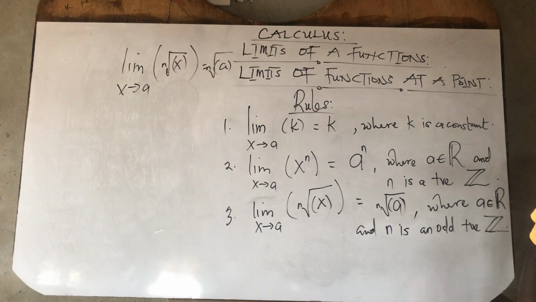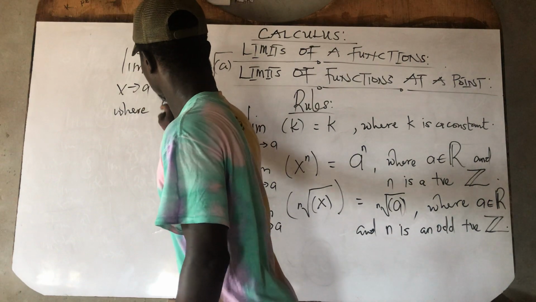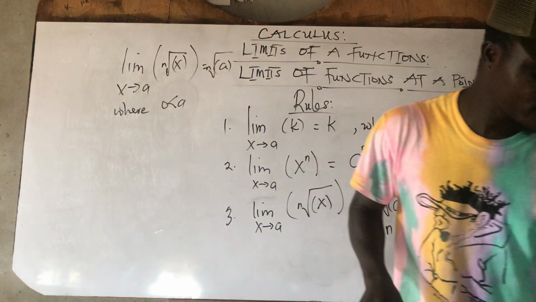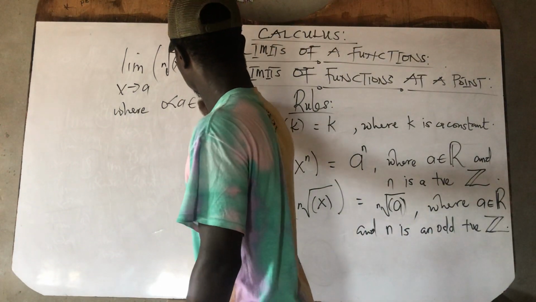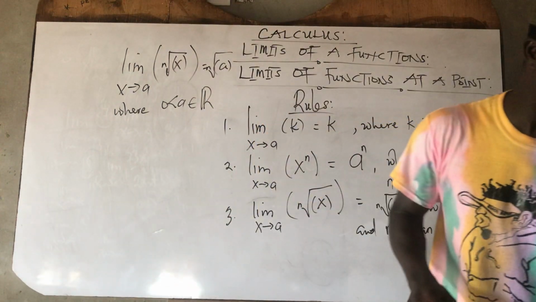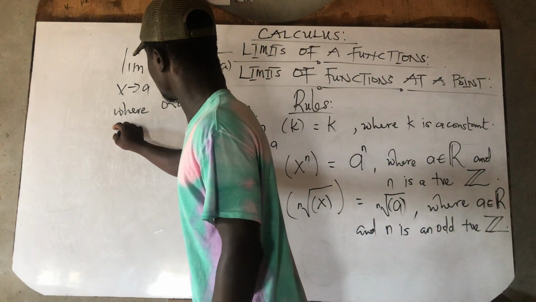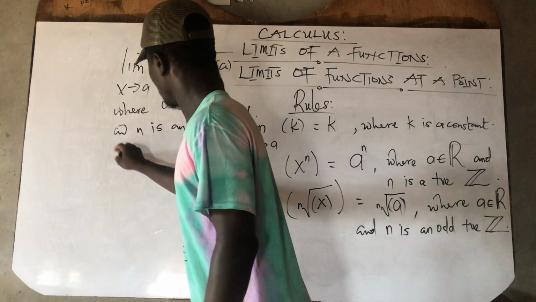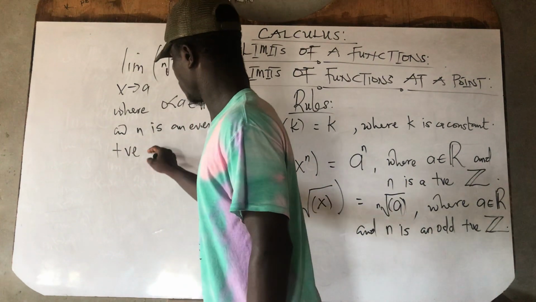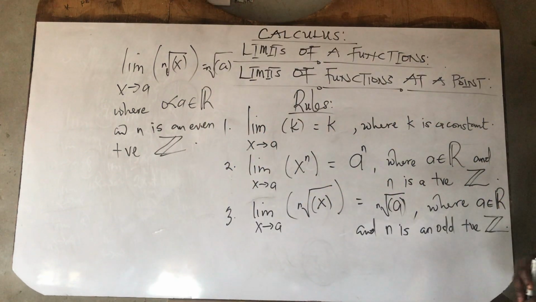Now, where 0 is less than a, should be a member of R, the real numbers, and n is an even positive integer.